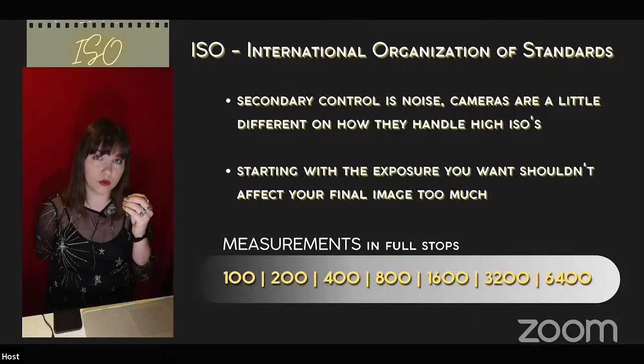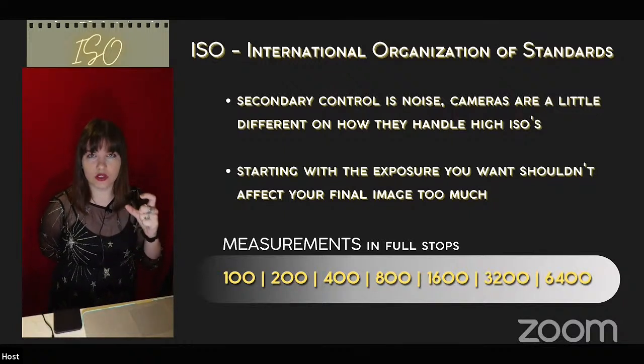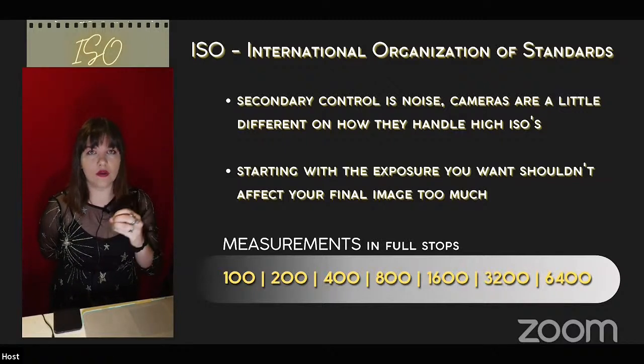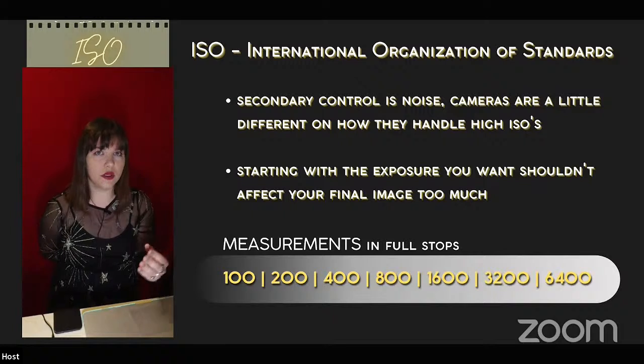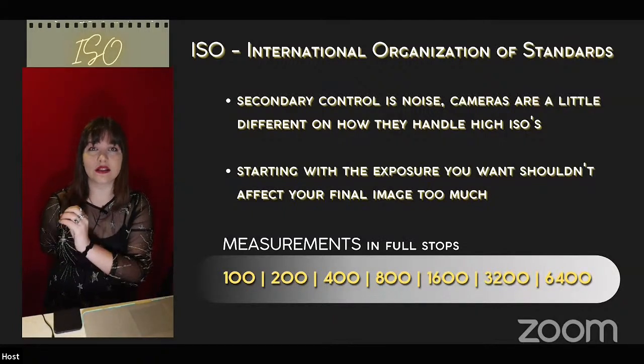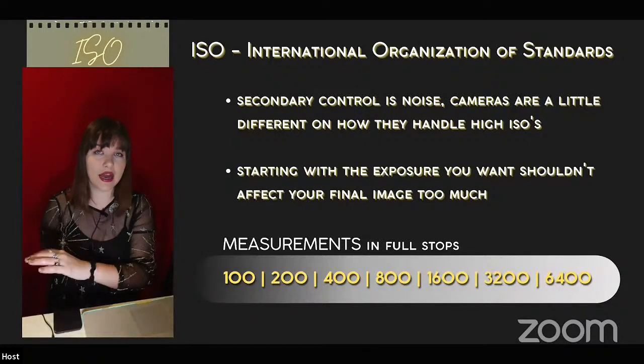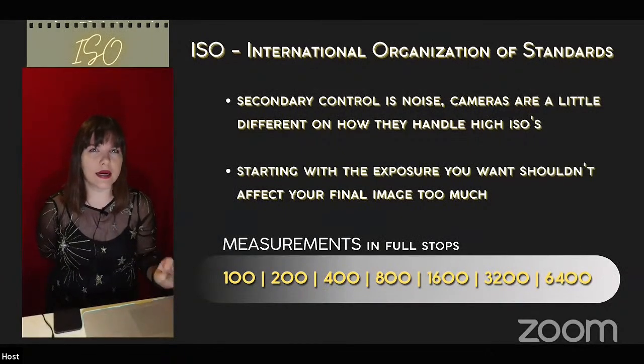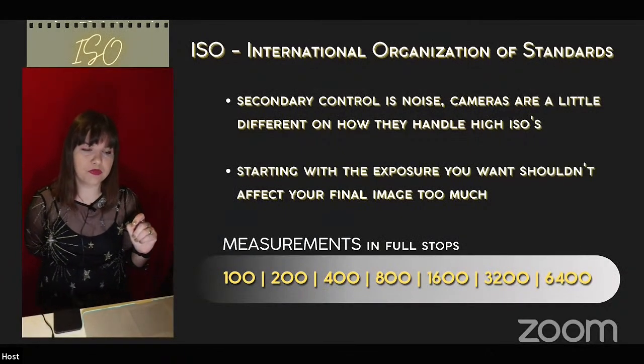If you've seen film grain, in digital we call it noise. Cameras are a little different on how they handle ISO. In general, the relationship is the same. Closer to 100, the less grain, the less noise you're going to have. Every time you go higher, you're going to see a little bit more degradation like that.